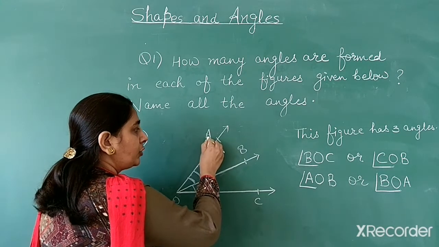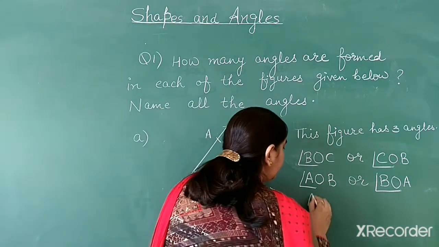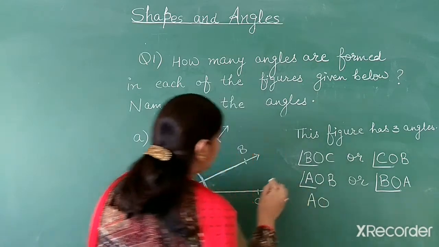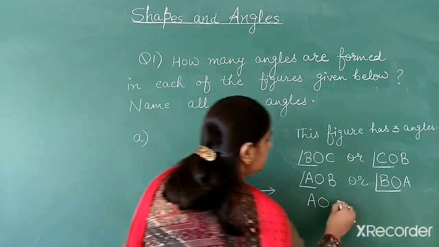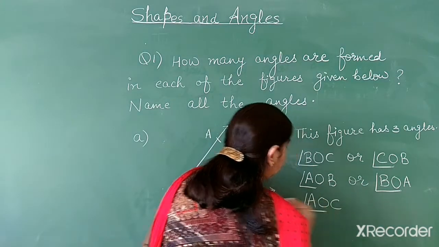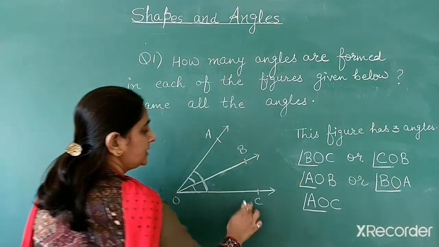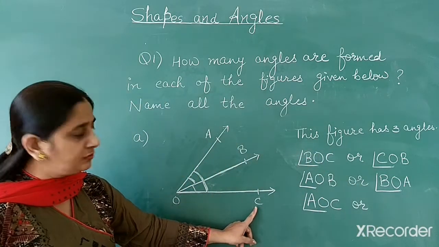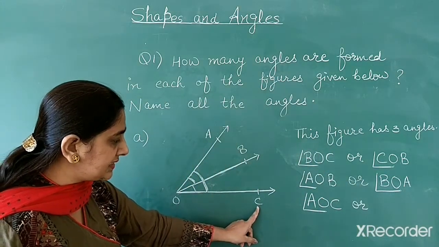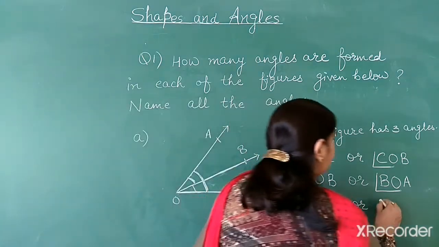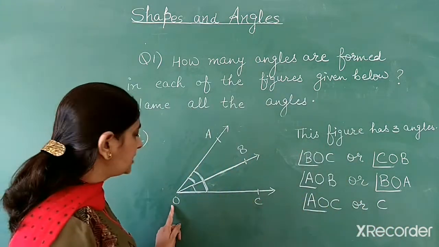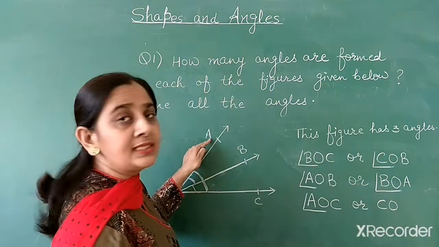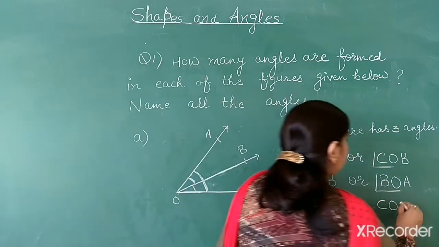We are starting from the point A, then write vertex O, and the point on the second arm is C. So the name of this angle is AOC. Or if you are starting from this point, then you will write letter C first, then write vertex O, and then the point on the second arm is A.